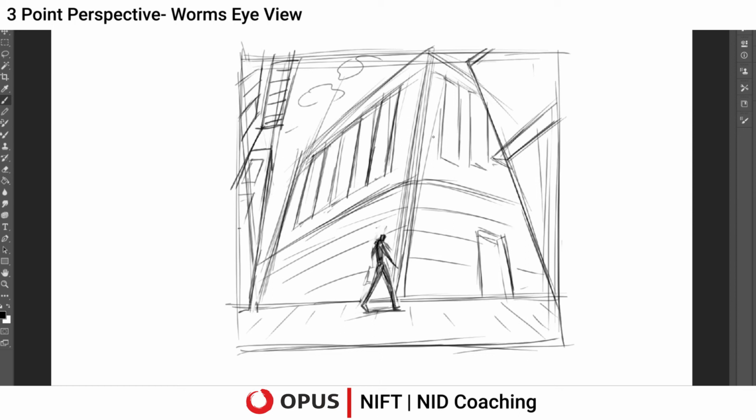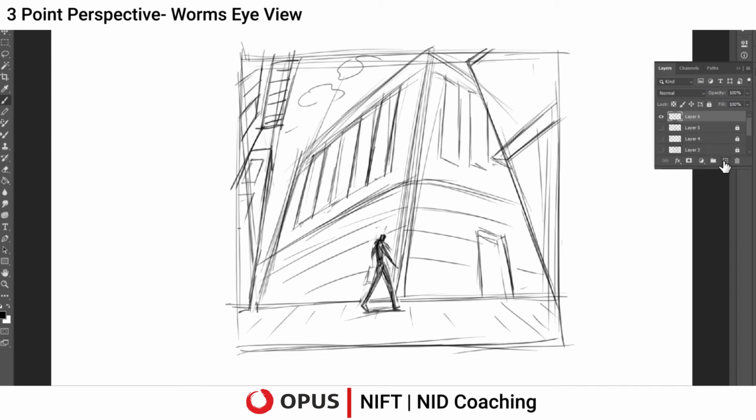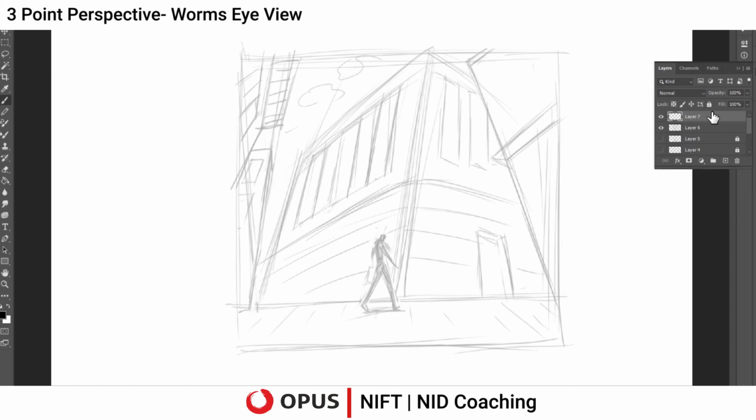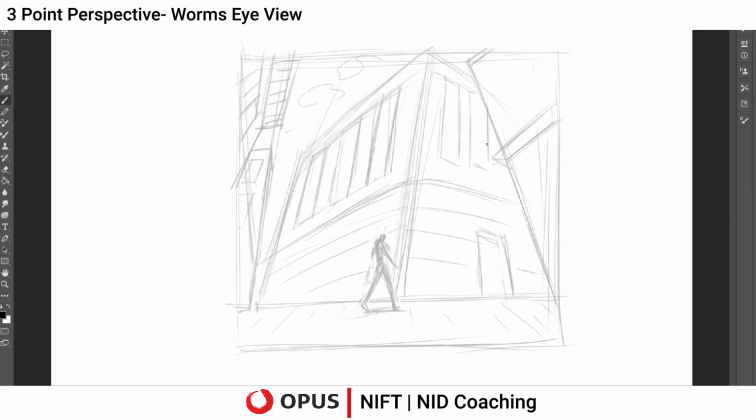Now after you have that rough sketch, then you can go for solid lines, which will give a more impactful edge to your drawings.